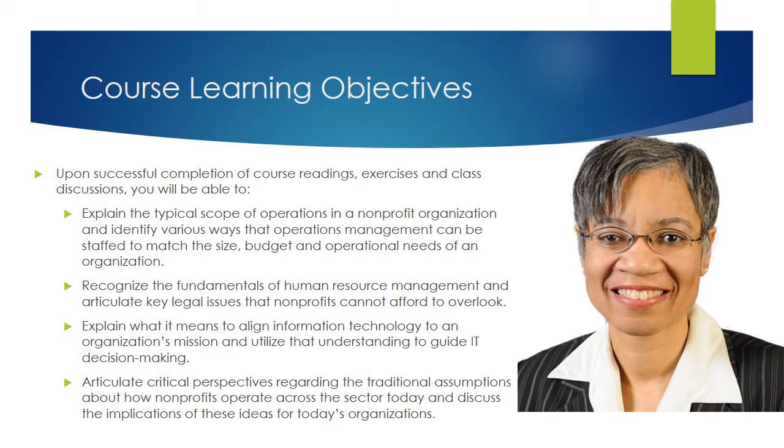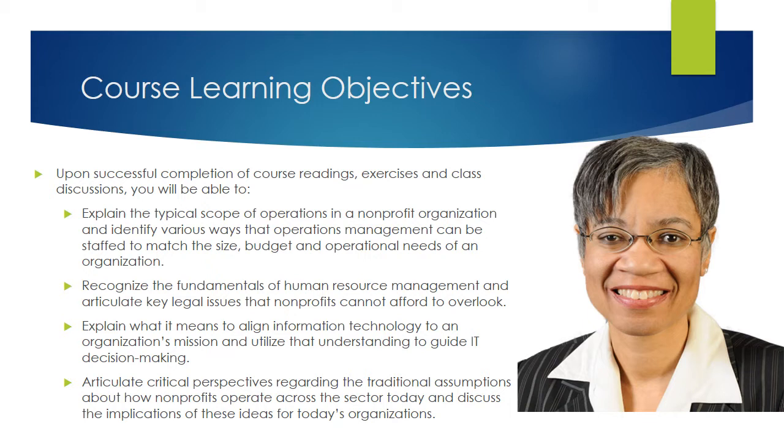Upon the successful completion of this course, that is the readings, exercises, and class discussions, you should be able to explain the typical scope of operations in a nonprofit organization and identify various ways that operations management can be staffed to match the size, budget, and operational needs of an organization. You should be able to recognize the fundamentals of human resource management and articulate key legal issues that nonprofits cannot afford to overlook.